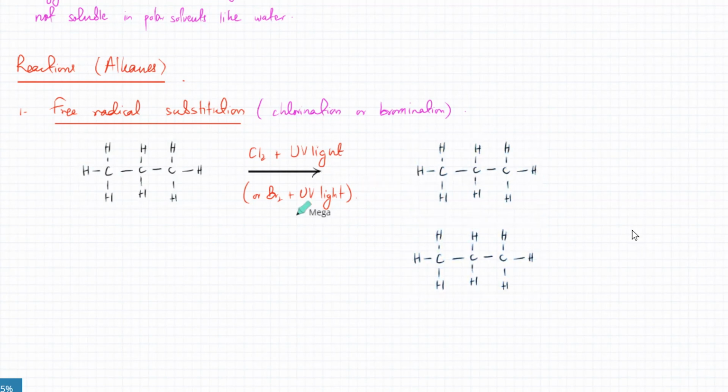There could be one Cl that gets substituted at any position. Or you could have 2-3 hydrogens getting substituted, or all of them as well.